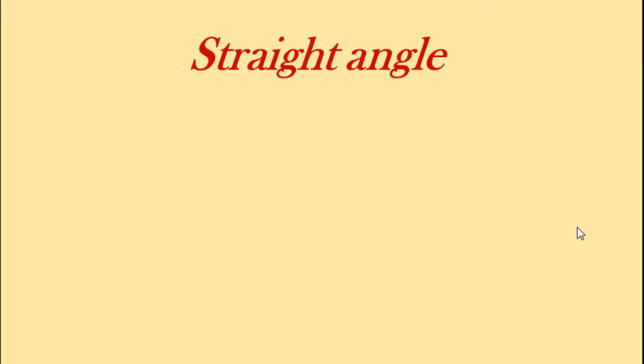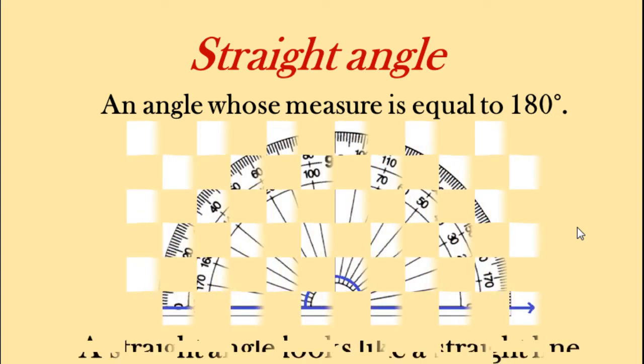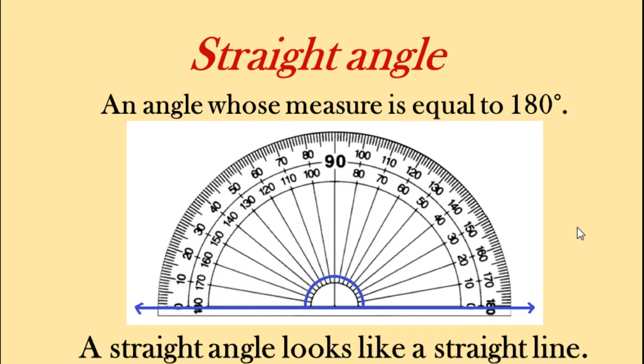Now what is a straight angle? A straight angle is one whose measure is 180 degrees. It lies as a straight horizontal line. Have a look at the line. It goes straight horizontally, starting at 0 and turning to the other side at 180 degrees. So it looks like a straight line.